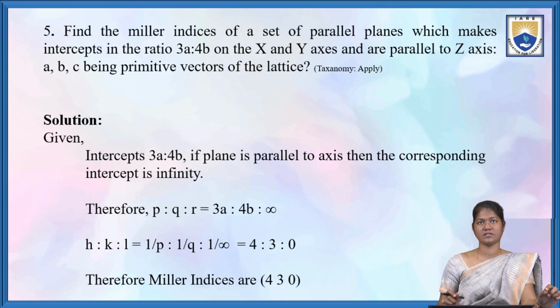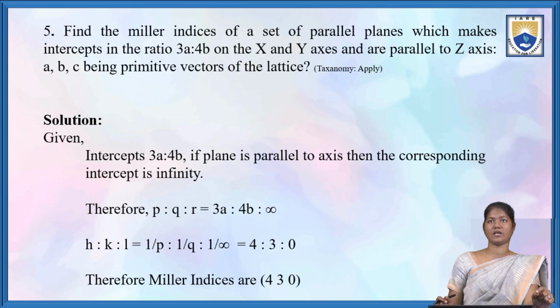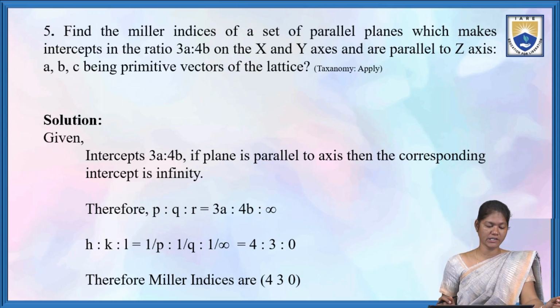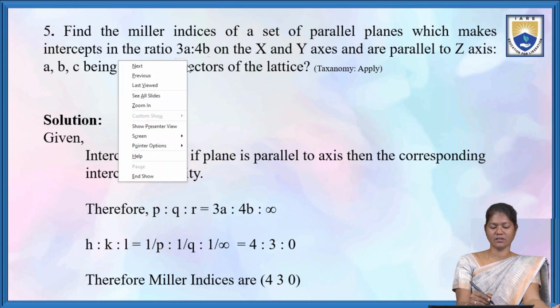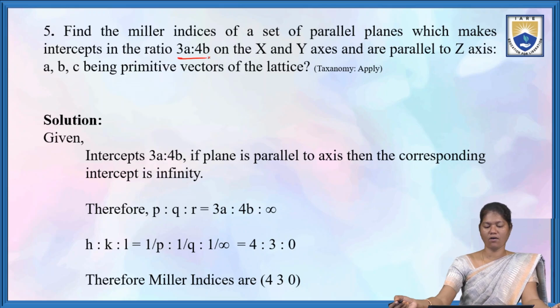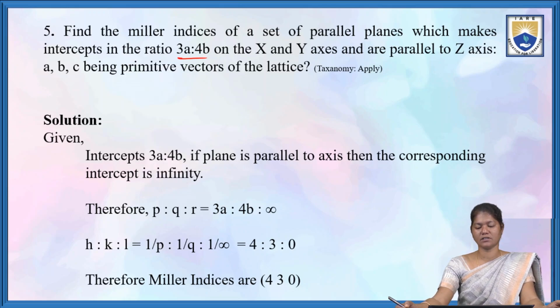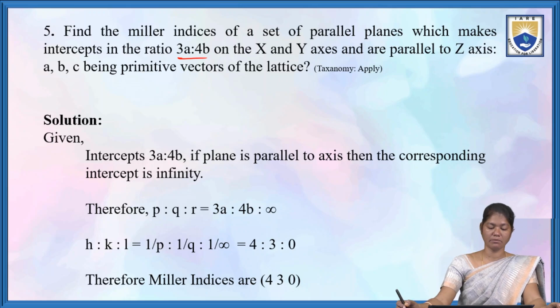Find the Miller indices of a set of parallel planes which make intercepts in the ratio 3a is to 4b on the x and y axes and are parallel to the z axis, a, b, c being primitive vectors of the lattice.